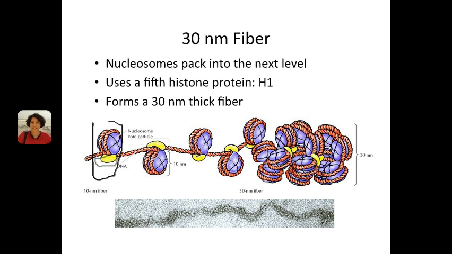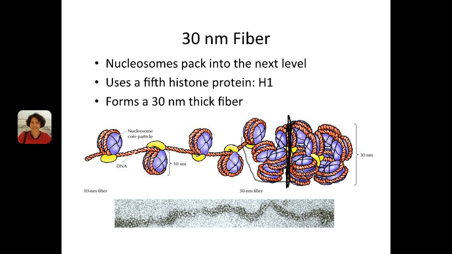When these H1 histones interact with each other, then the nucleosomes coalesce onto a denser fiber which has a diameter of 30 nanometers. So from this distance to this distance is 30 nanometers.